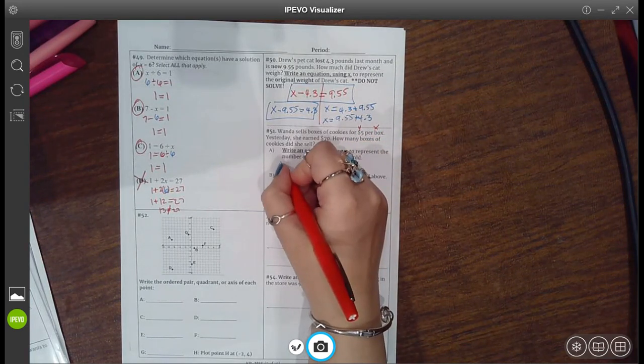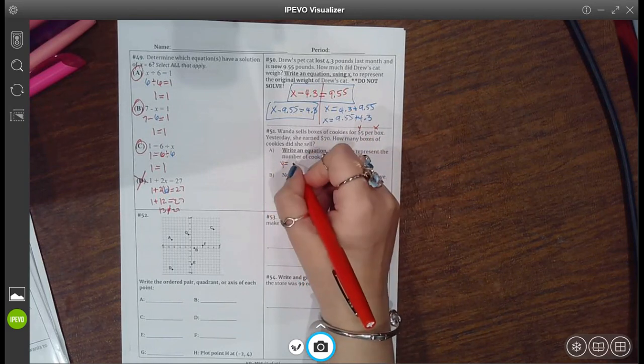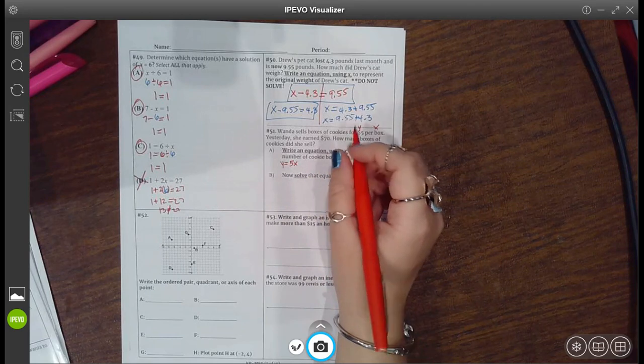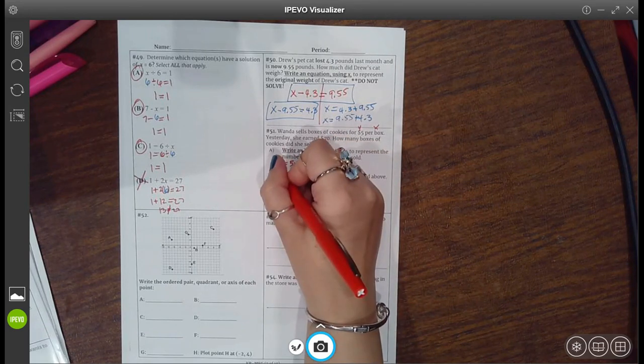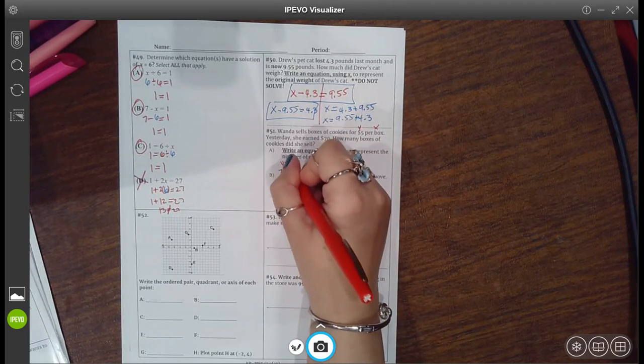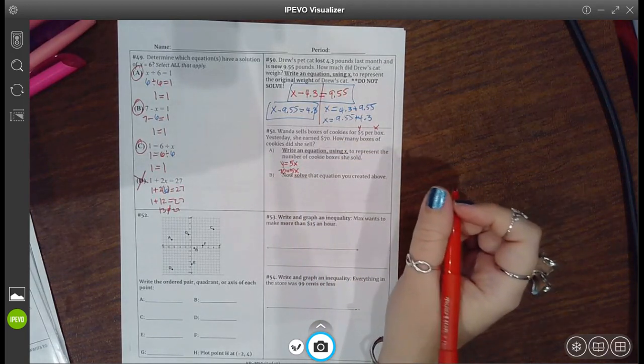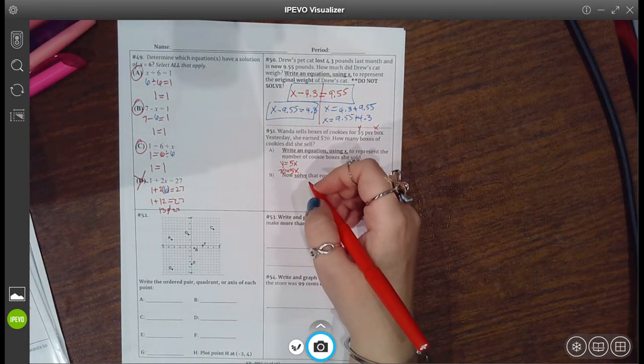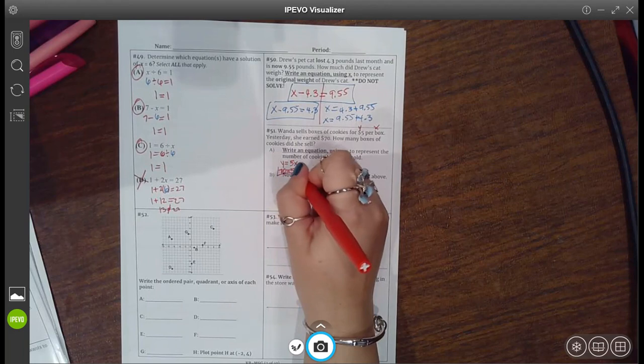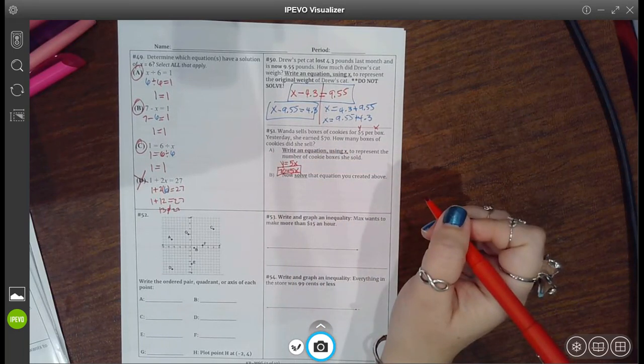Y is the money. The rate is 5 times the number of cookie boxes. And they told me the money, so I'm going to replace the y with 70 equals 5x. Okay. So there's my equation. 5x equals 70, or 70 equals 5x.